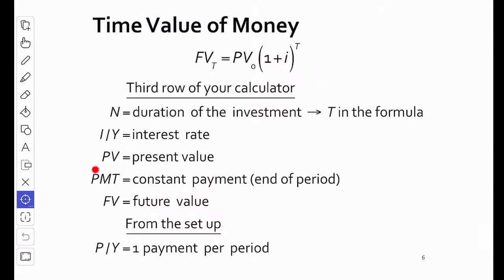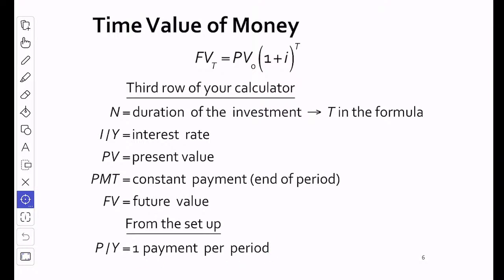This is not used by us, but it's on the calculator, so we'll talk about that. We haven't talked about payment just yet. All we've worked with is a lump sum investment over time. And FV stands for the future value. And remembering that we need this to be set on our calculator. If you have a different calculator than the one I'm using, make sure the payments are one per period.